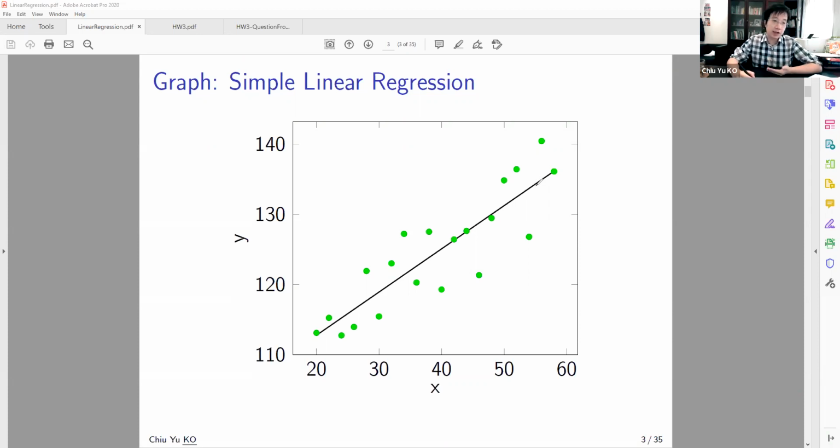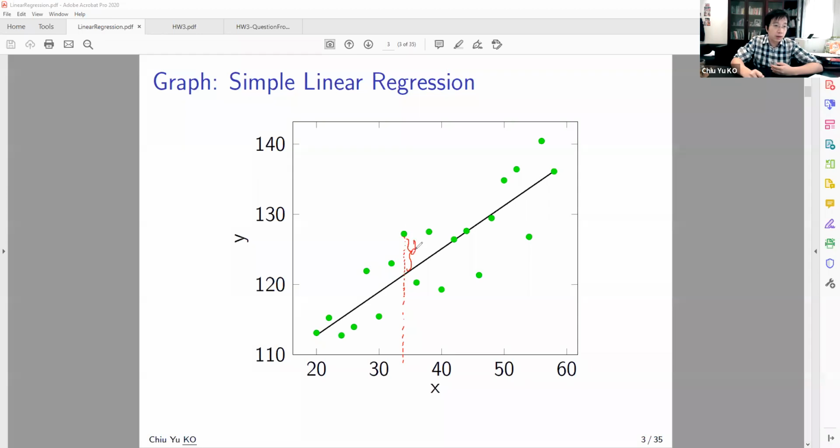What do we mean by least departure? There's one way to define it: the vertical distance from the line, holding the same x. For this data point, I hold the same x, I go down, and ask what's the distance.